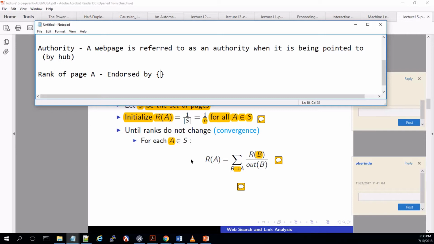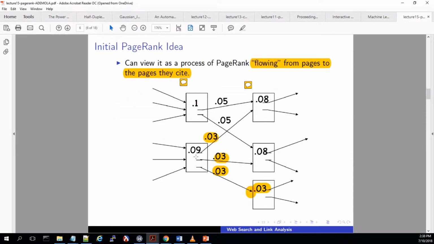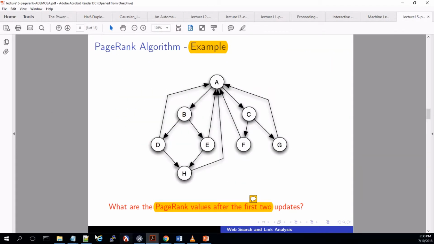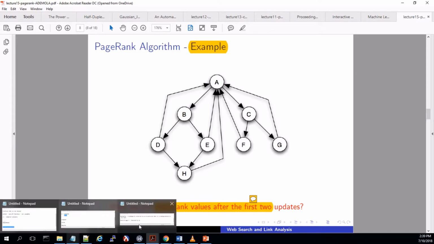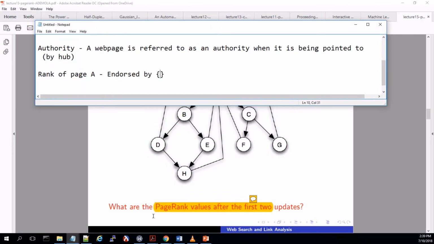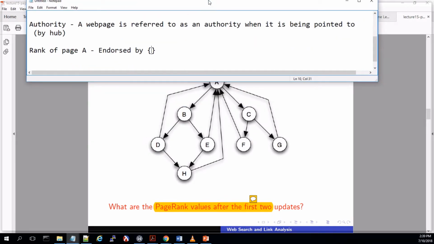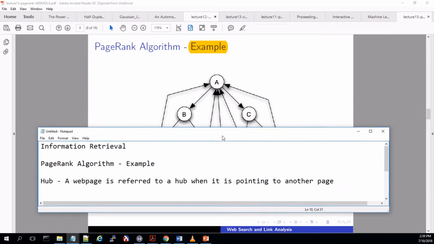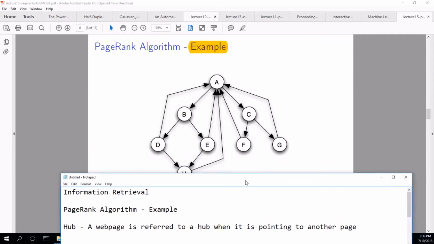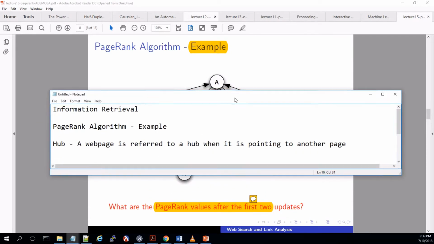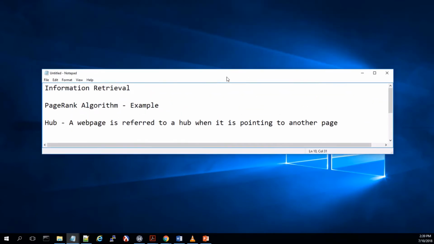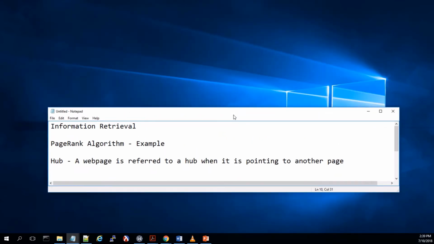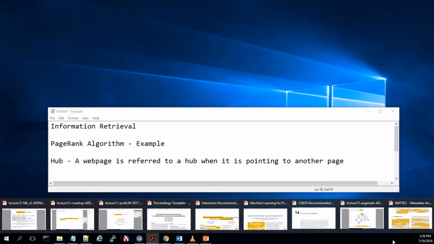So if we go to our graph, then we see the pages that are pointing to A. You need to be very careful here to make sure that you get it right. I'm just trying to be sure and do it properly.